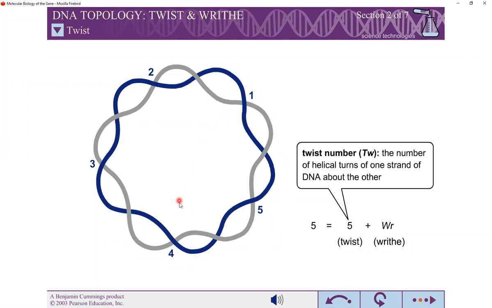If the circular covalently closed DNA molecule is lying in a flat plane, then what we are going to find is that the twist number is going to be equivalent to the linking number. So the linking number and the twist number are going to be the same when the circular covalently closed double stranded DNA molecule is lying over a plane.